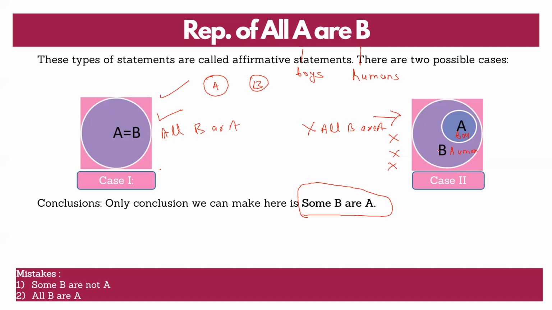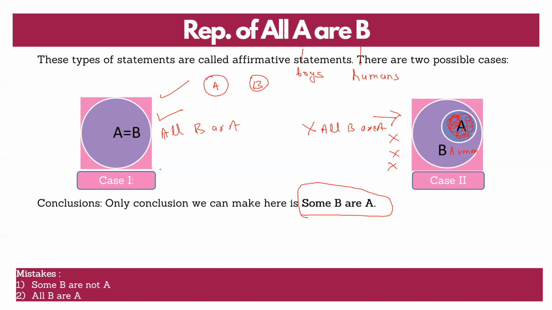Case number 2. Yes, here also the area of B which is common to the area of A, the circle A, right? That is something which is represented by some. So some B are A is a valid conclusion as per case number 2 also. The A which lies inside the circle of B, for that common part we can say some B are A is true.